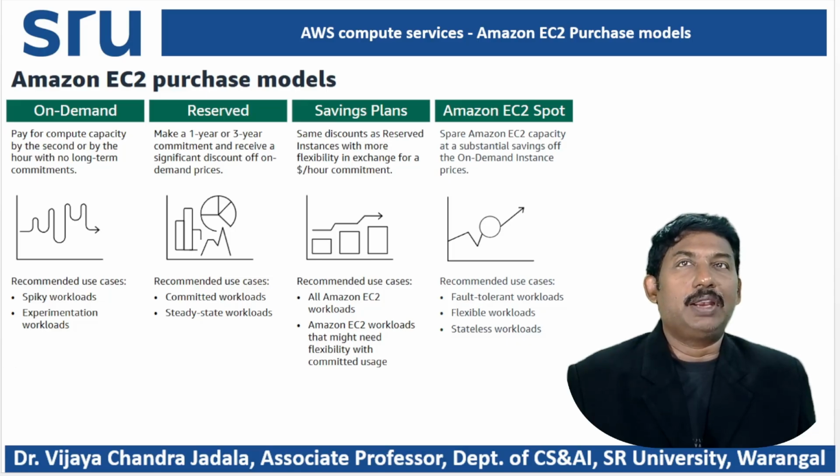One is on demand, another is reserved, then savings plans, then Amazon EC2 Spot. The Amazon EC2 purchase model consists of on demand, which is related to how much capacity you are going to use, billed by 1 second or by 1 minute.